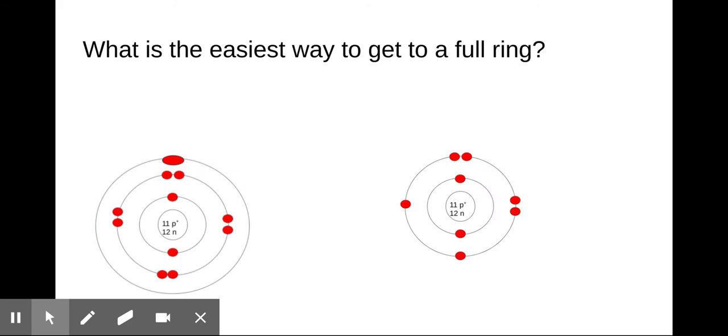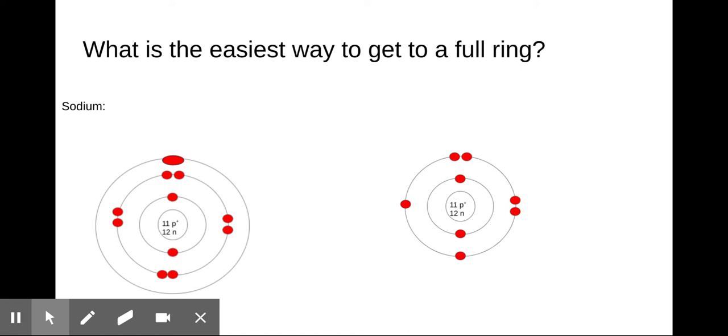So what's the easiest way to get to a full ring? Well, we have 2 atoms here. The one on the left is sodium. It has 11 protons. Now, sodium could get to a full ring by 2 ways. It could either add 7 electrons to the outside to get to 8, or it could lose that 1 electron and go down to the next shell.